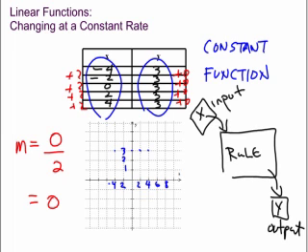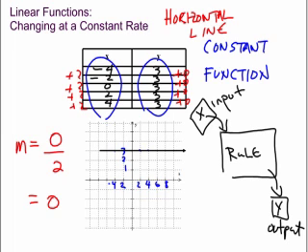When you plot the points, look what you get. You get a horizontal line. Perfectly straight line, perfectly flat, no rise in the line. This is called a horizontal line, and it's also a constant function.